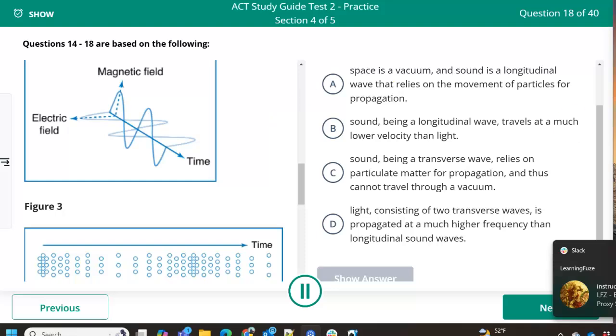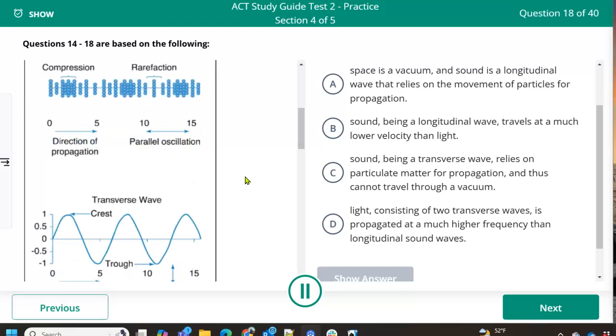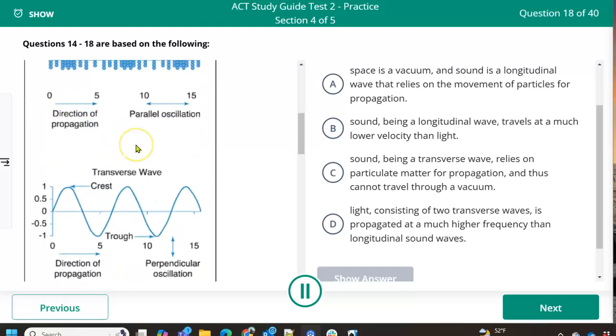I'm not sure that's the case. What is this one again? Space is a vacuum. Sound relies on the movement of particles for propagation. That's the one that makes the most sense to me. We're talking about propagation here.